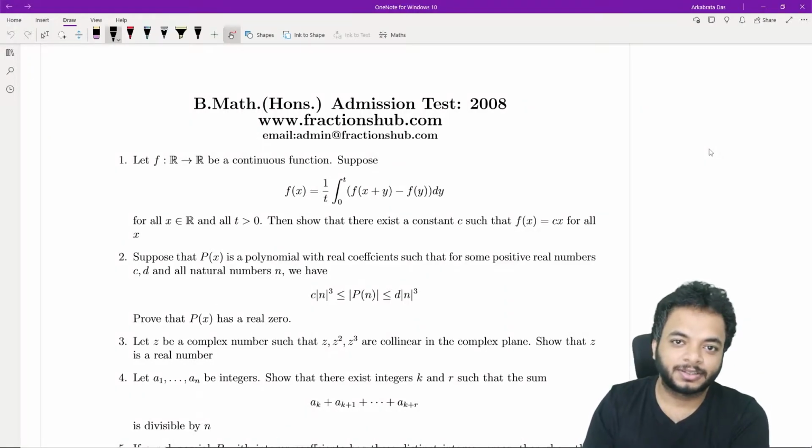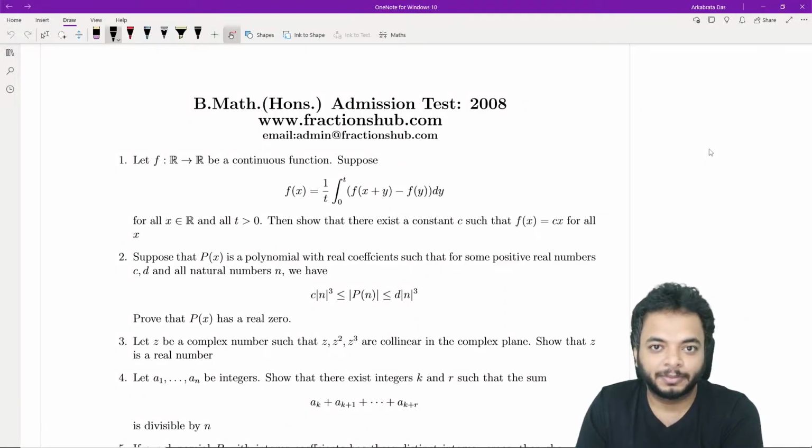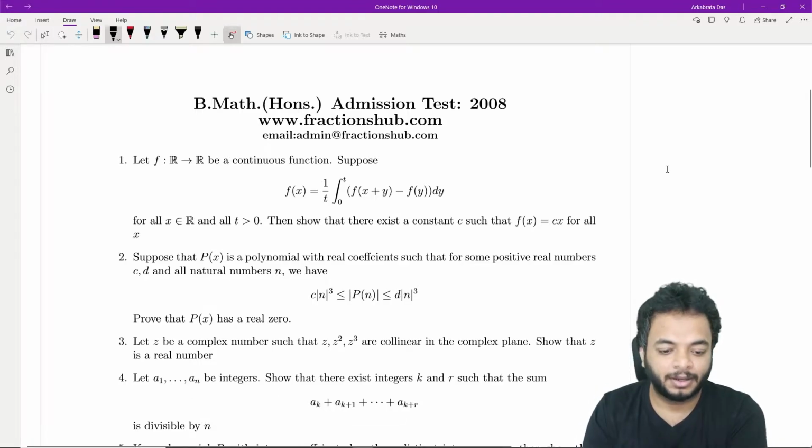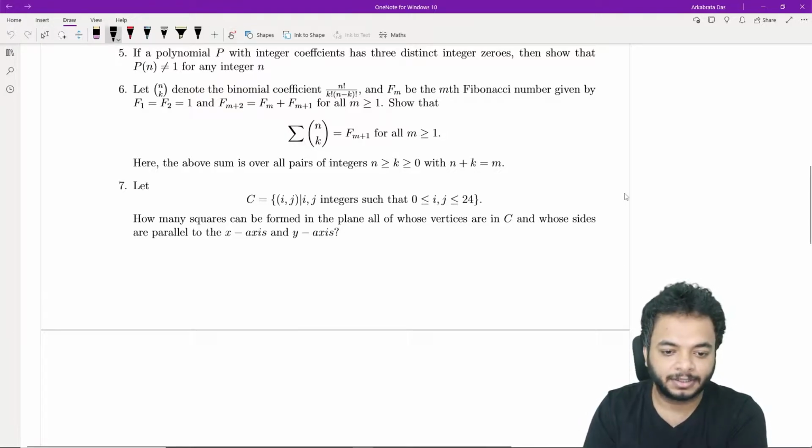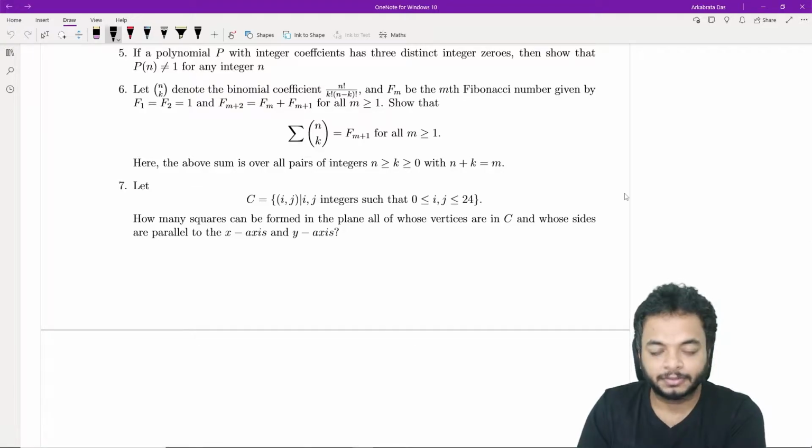Video we are going to discuss another problem from Bmath 2008. So it's basically the seventh problem, which says that if you have points (i, j) where i and j are both varying from 0 to 24, and so this is the set, and basically these are called the lattice points, and you are restricted to these points.